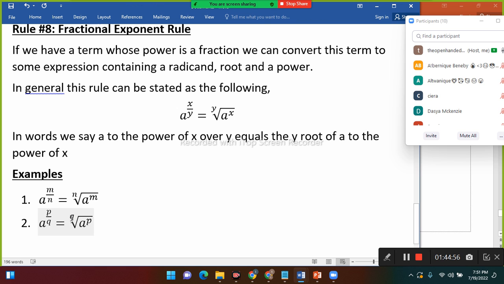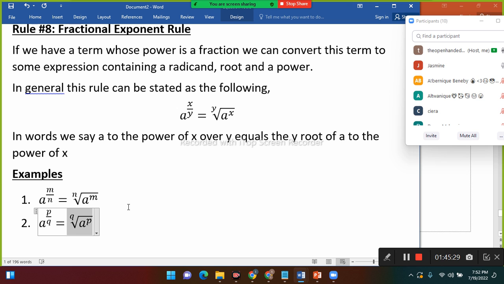Can someone read this? What does this say, if you were to read it? That says a to the p equals the p root of a to the power. No, not quite. The q root of a to the p power.